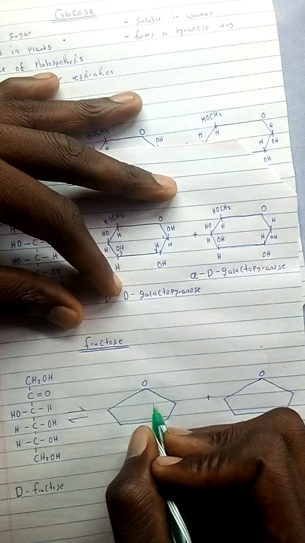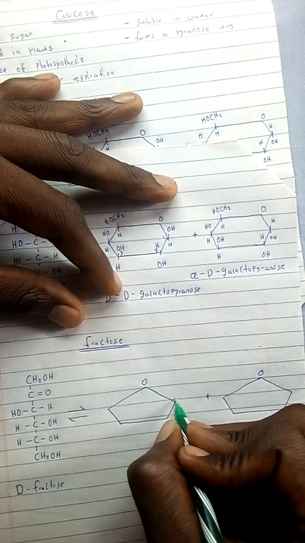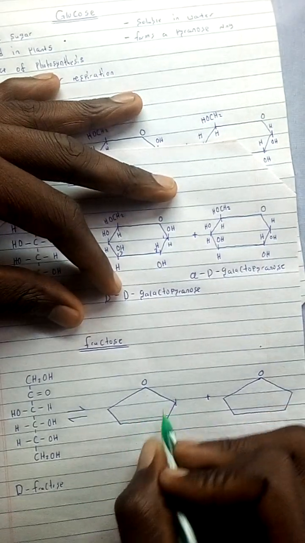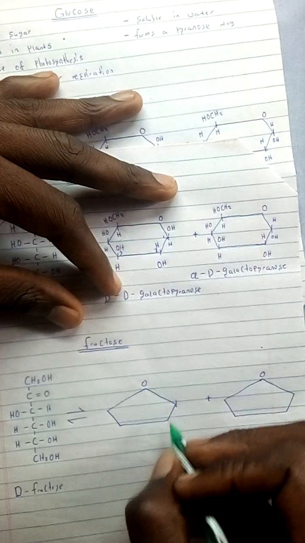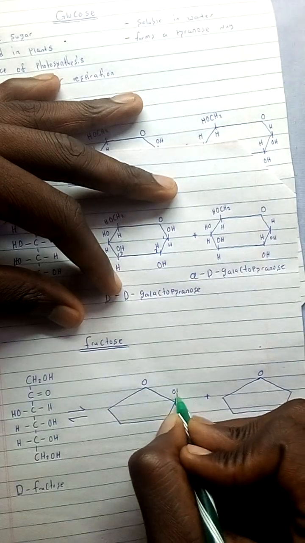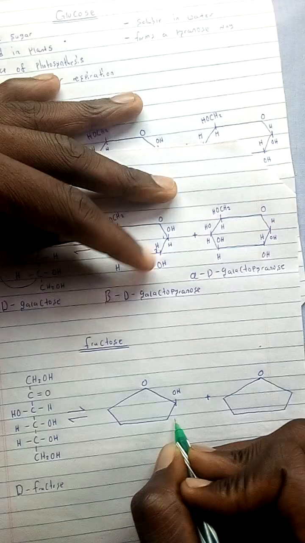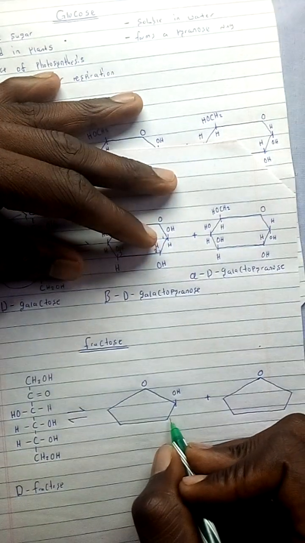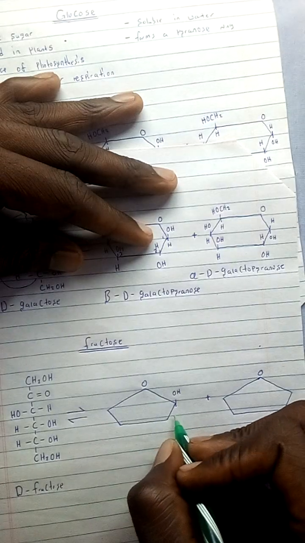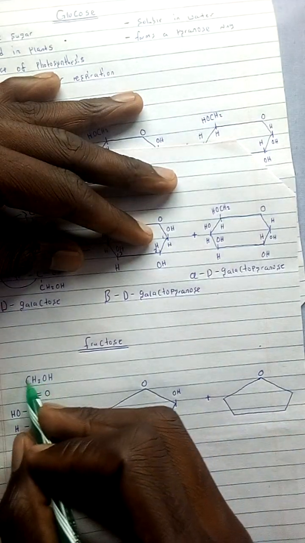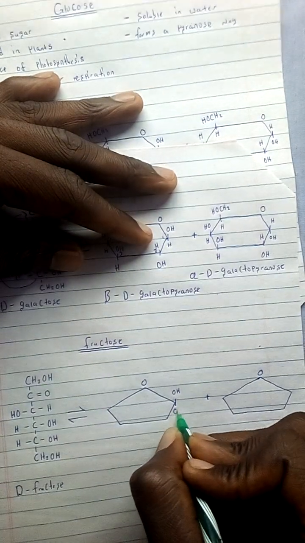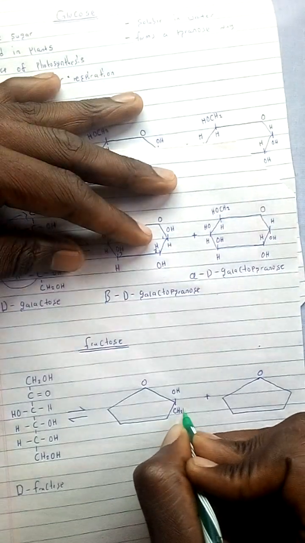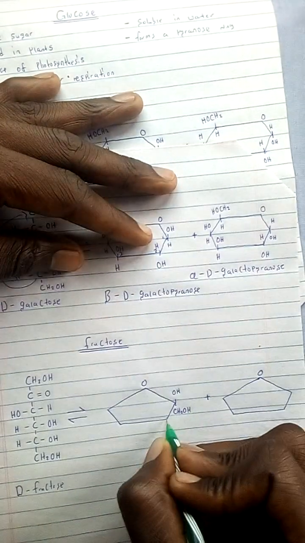If we take this as the beta form, the OH group will be up there. What will be down there, unlike for glucose and galactose, is simply this thing, the CH2OH.